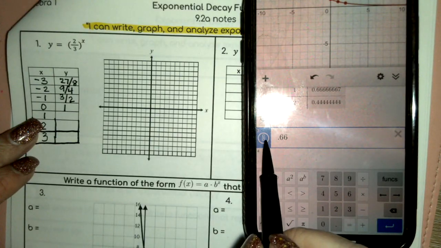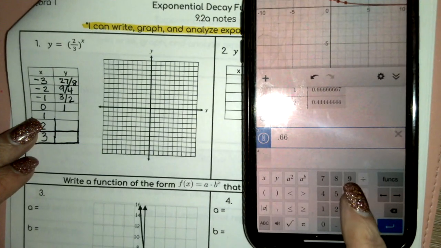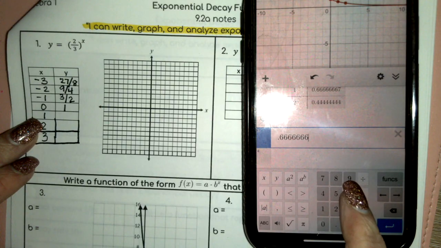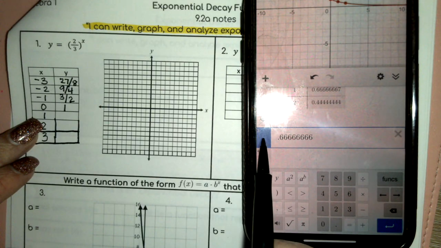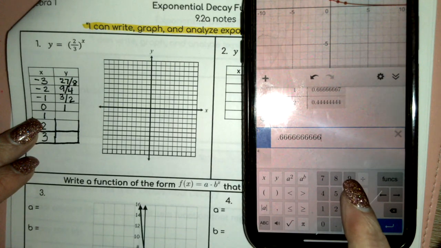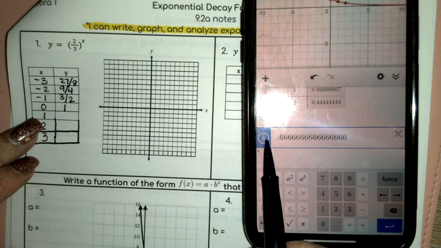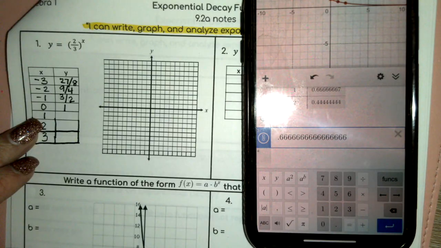Notice that there's a fraction button here, but you keep going until that fraction button disappears. Notice it disappeared. Now you keep going until it reappears again. Notice it reappeared. Now it's recognizing that it's repeating.